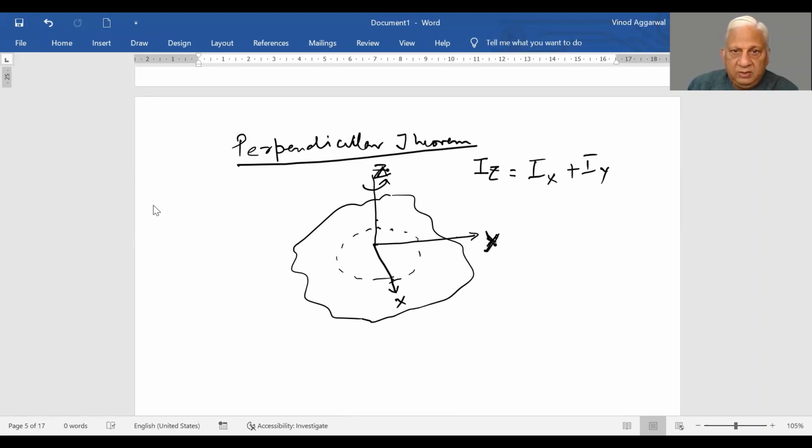What it means is, if you have an axis Z and another two axes which are perpendicular to each other, then the moment of inertia about one axis can be defined as the sum of the moments of inertia about the two other axes which are perpendicular. Now mind it, this theorem is applicable only for a planar object.